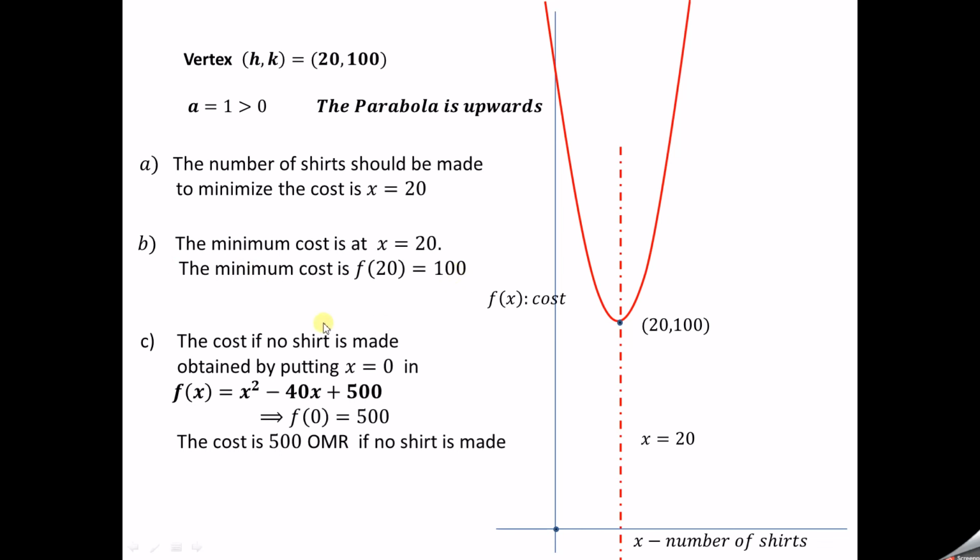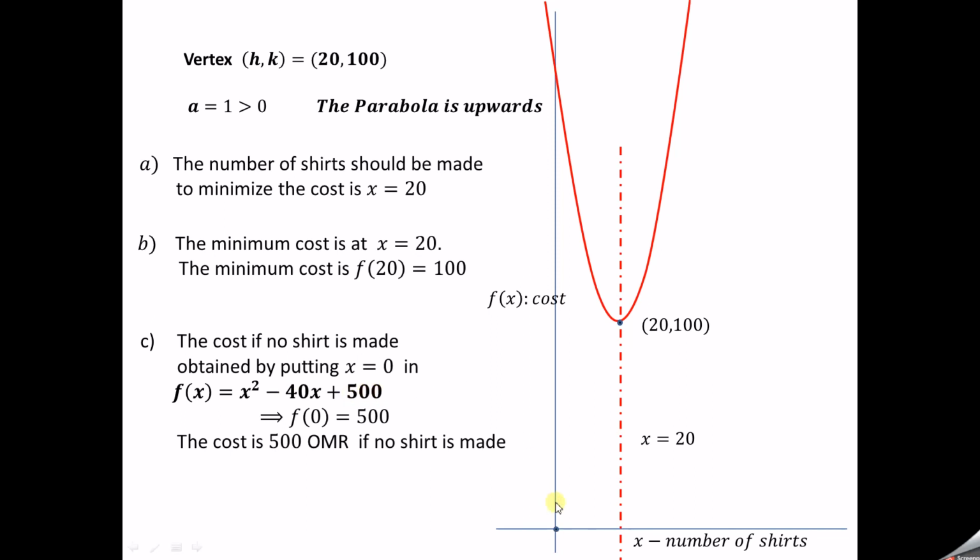And the last one, the third one: if no shirt is made, what is the cost? No shirt is made means x is 0. If we put x equal to 0 in this equation, where f(x) is the cost, given by the quadratic function x squared minus 40x plus 500, then x squared will be 0, 40x will be 0, and you will be left with only 500.